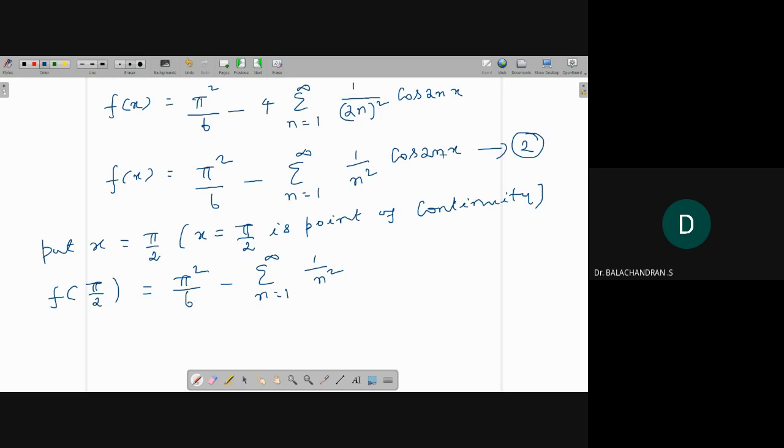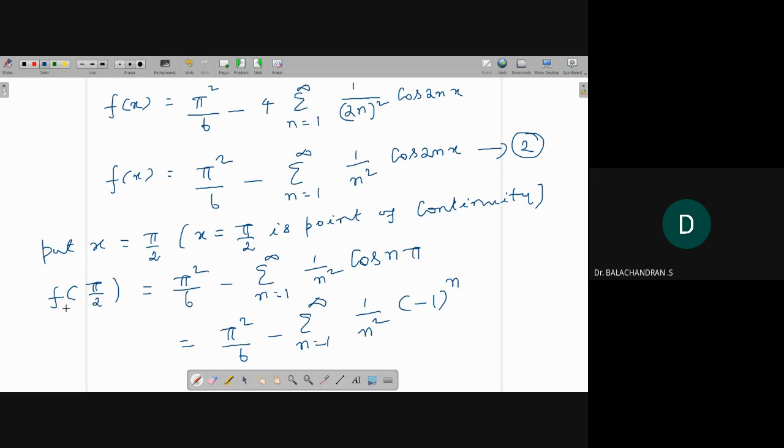When x is equal to pi by 2, 2 gets cancelled. We have cos n pi. Cos n pi is minus 1 whole power n. So pi square by 6, minus summation n equal to 1 to infinity 1 by n square into minus 1 whole power n.